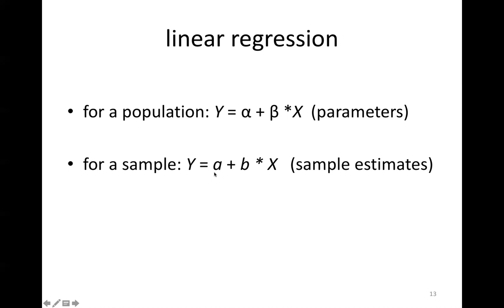We can estimate slightly different intercept and slope values for different samples. So this difference in notation, alpha versus a, beta versus b, aims to emphasize that these are estimates we calculate based on samples, and with another sample they might change.